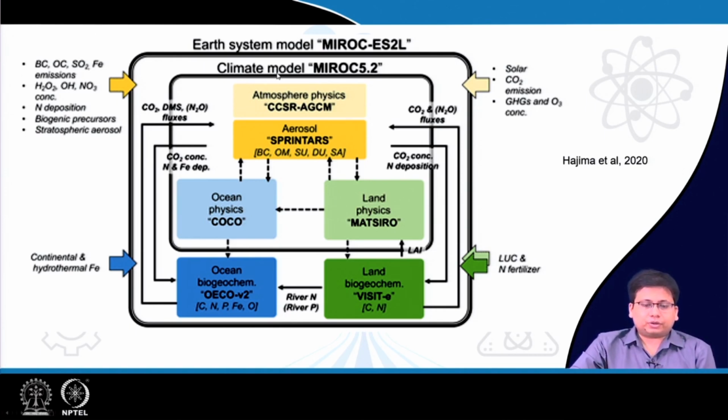It was initially developed as a climate model only, which includes the atmospheric physics, the ocean physics and the land physics, but the Earth system model retains this climate model and also adds some other components like the ocean biogeochemistry, the land biogeochemistry and so on. This Earth system model also receives the various extraneous variables.